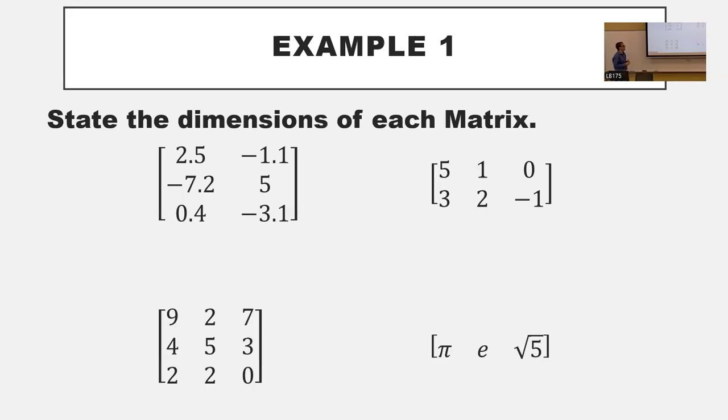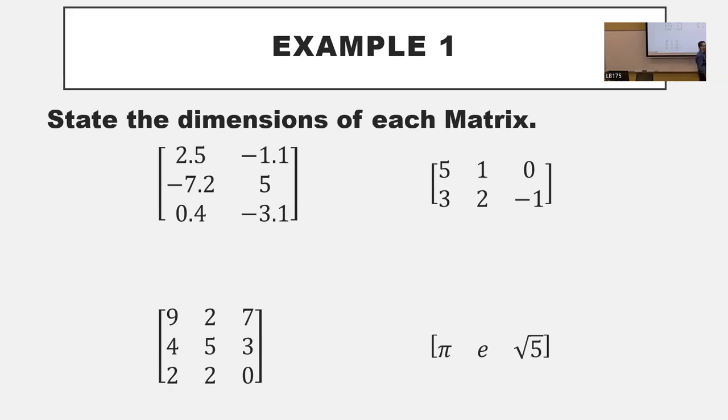This bottom left matrix has 3 rows and also 3 columns. So it's 3 by 3. And the bottom right matrix has 1 row and 3 columns.